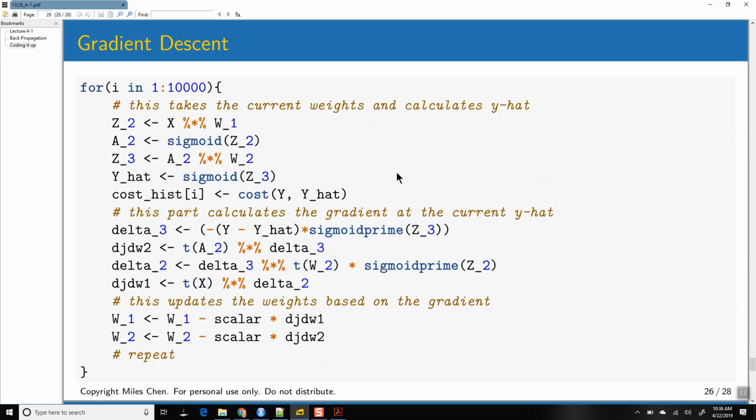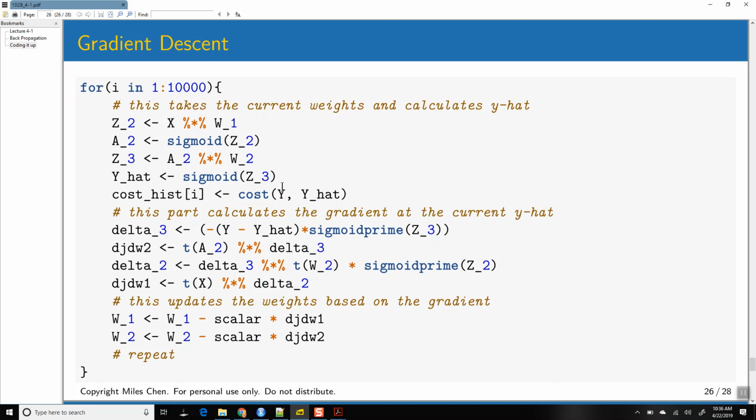And then this is the gradient descent, which looks like a wall of code, but I don't think it's all that terrible. So basically this part takes your current weights of W1 and W2 and does the forward feed, taking in your X and moving it forward to get your Y hat.